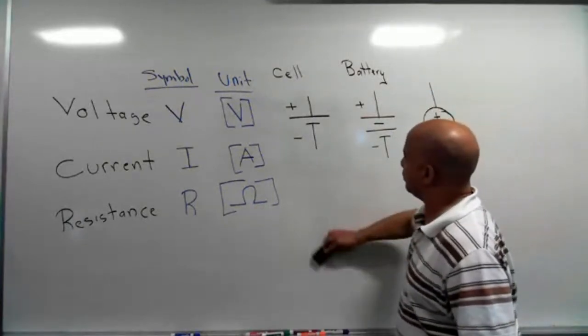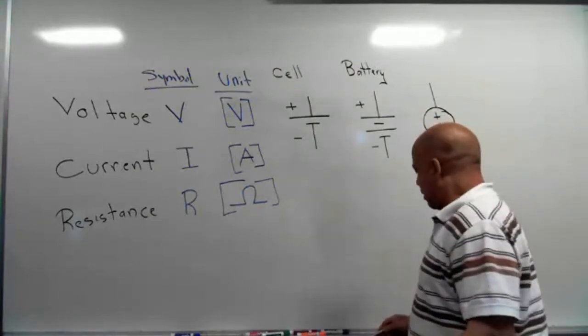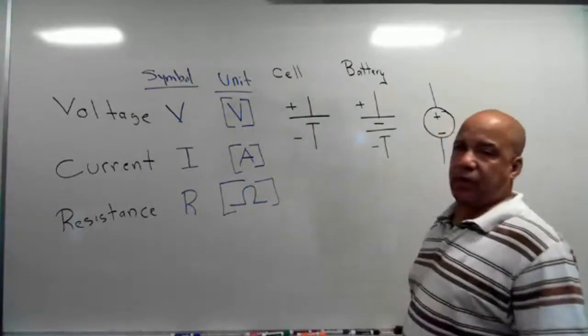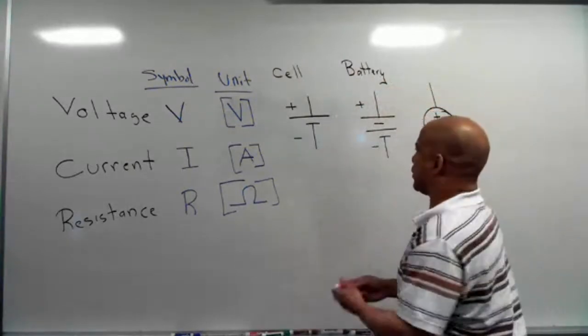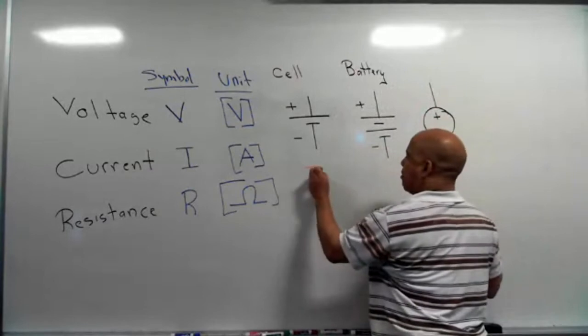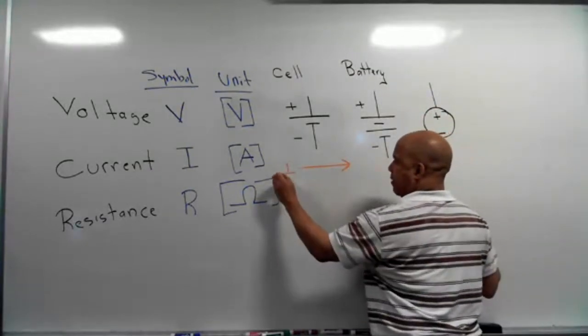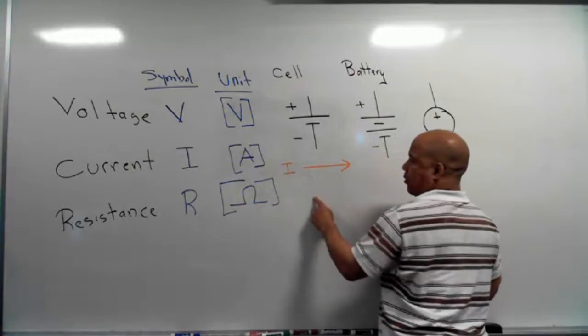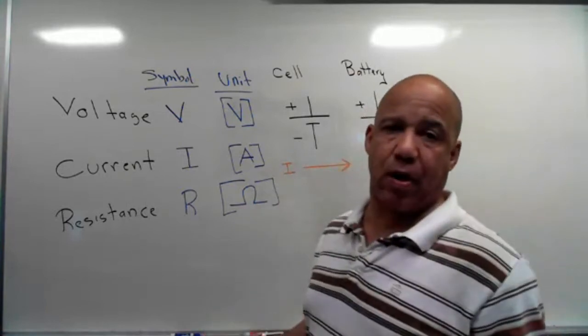Current. Let me talk about current. To represent current, we simply use an arrow. So I just show the arrow, and I put the letter I over here, and then usually you write the magnitude of the current above the arrow.